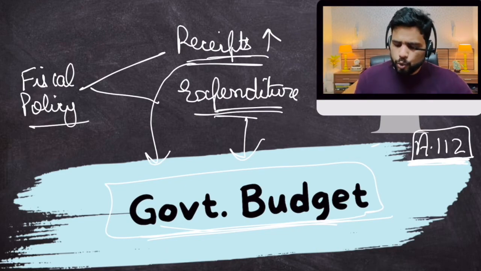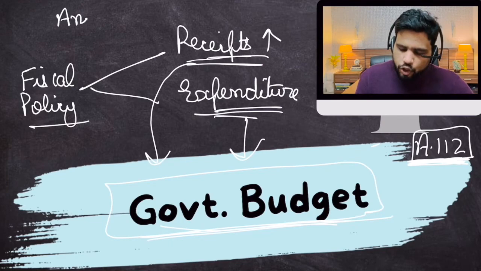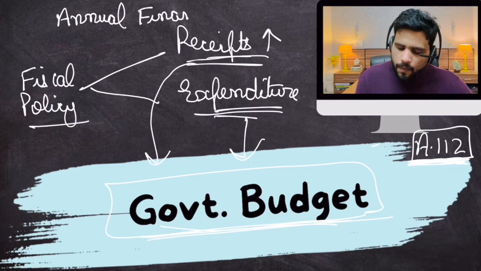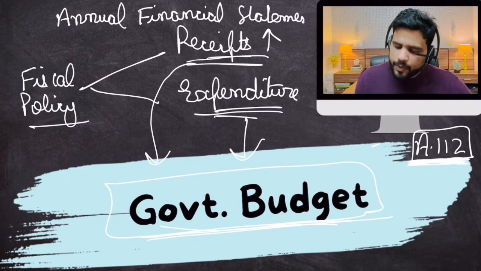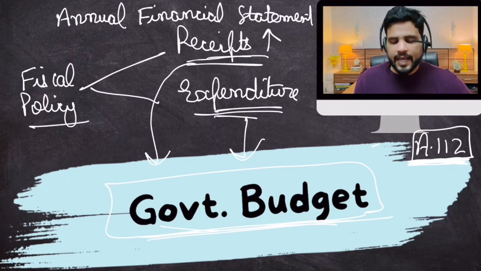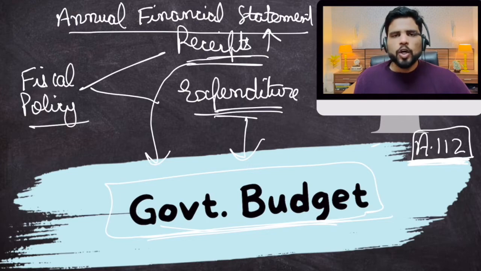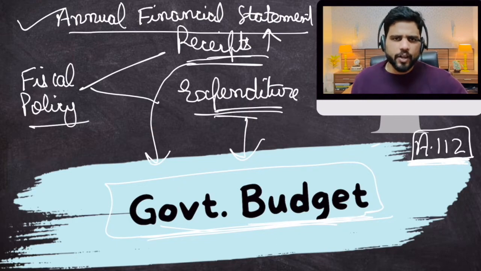The constitution uses the term annual financial statement. So in the constitution, article 112, it is written that annual financial statement shall be presented before both houses of the parliament every year. So constitution uses the term annual financial statement, but all of us use the term budget. You need to be aware of that.